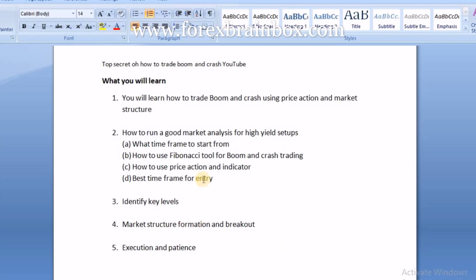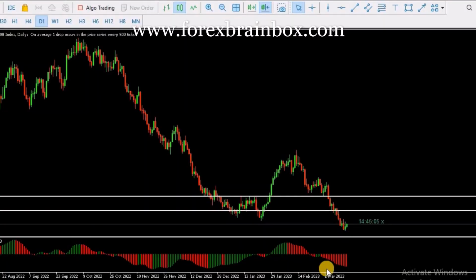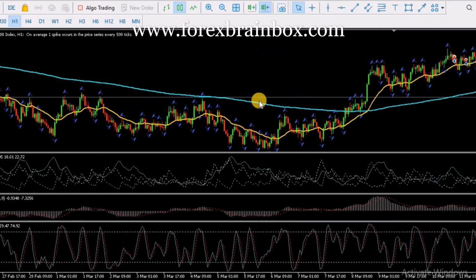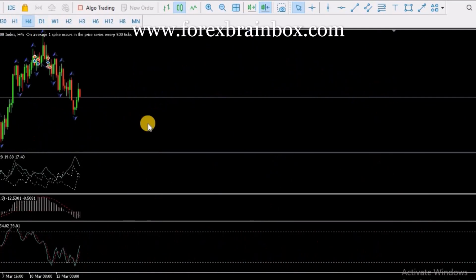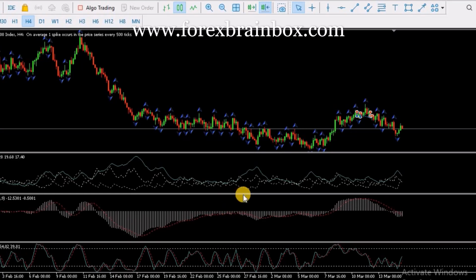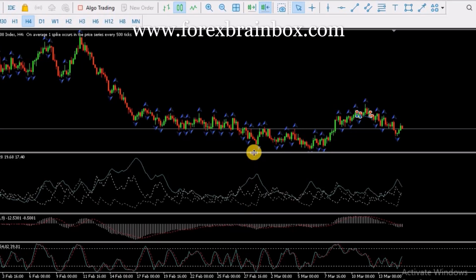Okay, now that I've mentioned this, let's go over to the trading. You see the messy chart I was talking about previously. You don't want your chart to be like this. I personally hate trading with too many indicators. It's very misleading, and at the end of the day, you end up wasting your time.